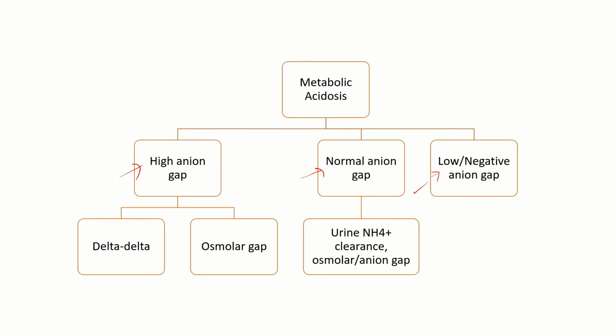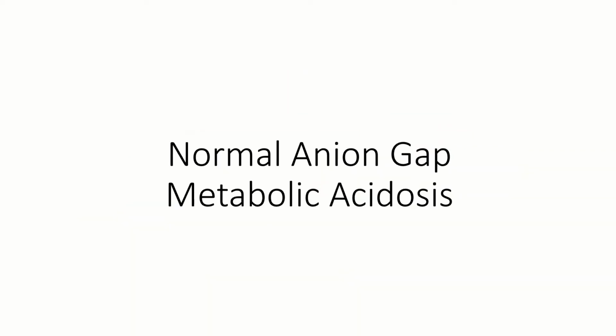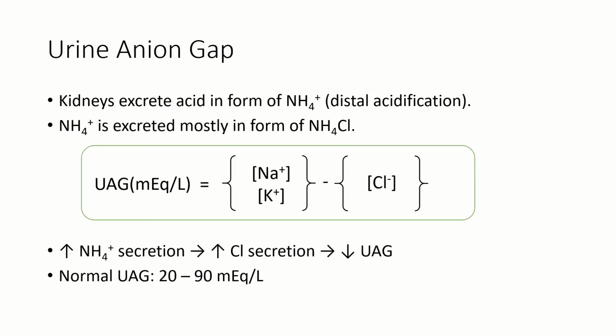When we talk about normal anion gap metabolic acidosis, these three concepts about urine ammonium clearance, urine osmolar gap, and urine anion gap are going to help us understand the causes of normal anion gap metabolic acidosis. So urine anion gap.